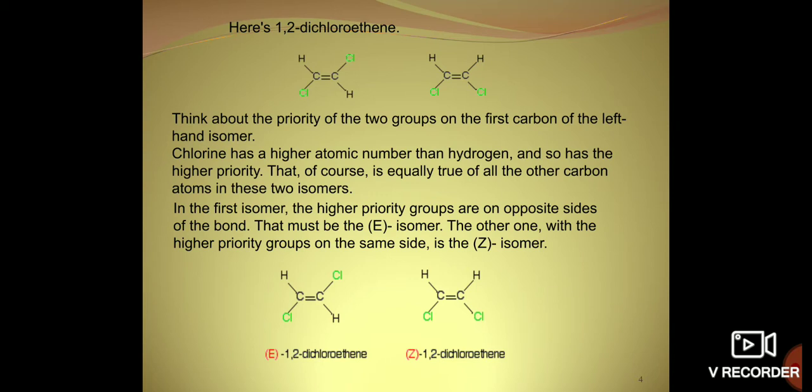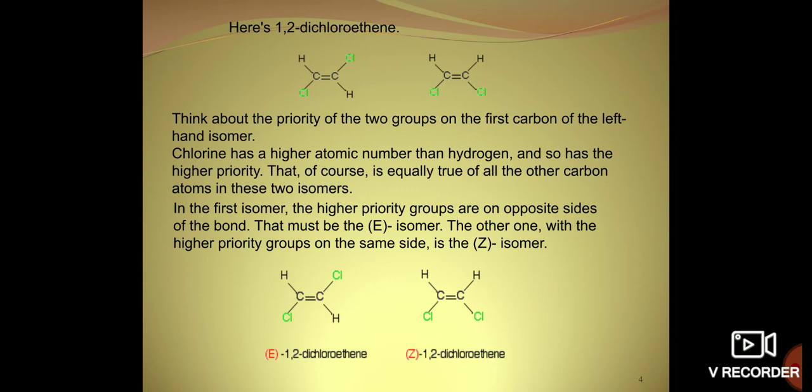So here's the 1,2-dichloroethene. Think about the priorities of the two groups on the first carbon on the left-hand isomer. Chlorine has a higher atomic number than hydrogen and so has higher priority. That of course is equally true of all the other carbon atoms in these two isomers.